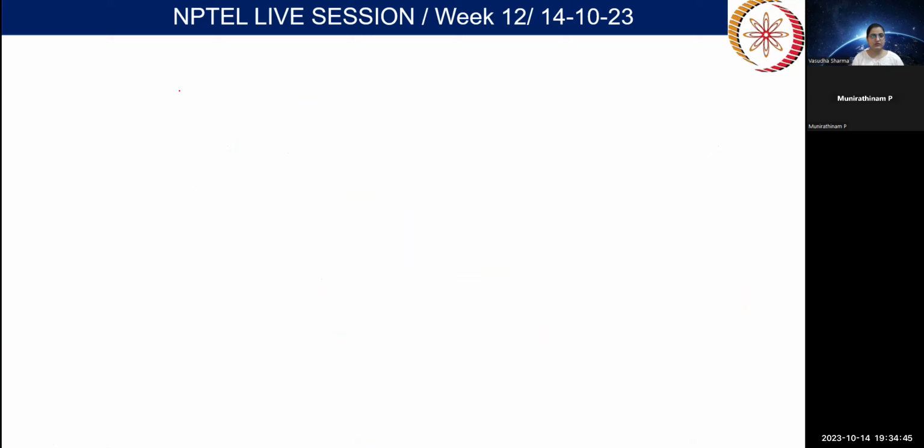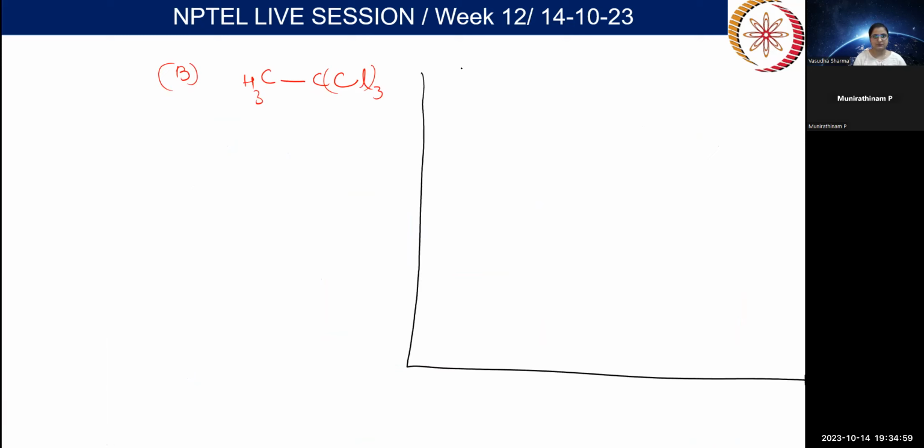So in the solvent CH3CCl3, how it looks like. So we'll first draw the spectrum. This is transmittance. This is the velocity.